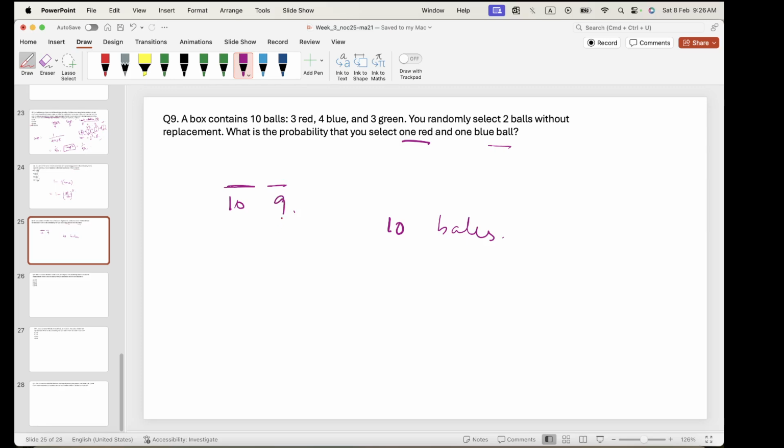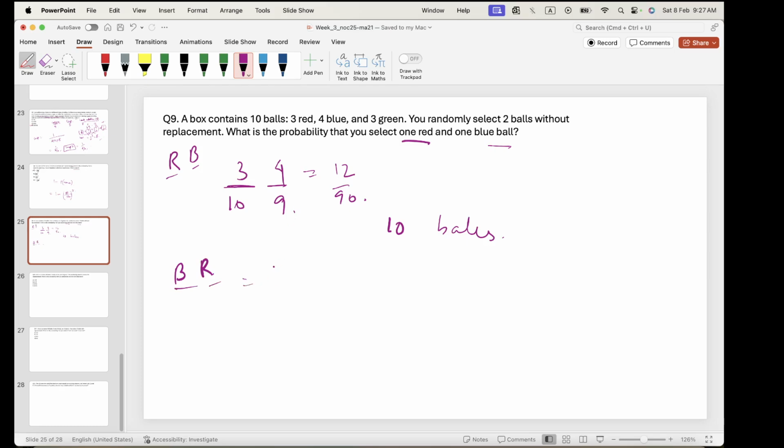Now let's say first ball I am drawing red and second ball I am drawing blue. So for drawing red balls I have 3 options, for drawing blue balls I have 4 options. So it's 12 by 90. Now let's say I draw first blue and then red.